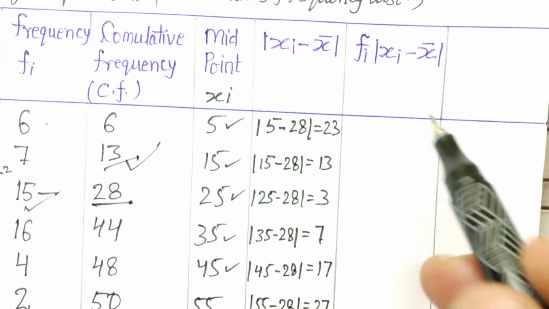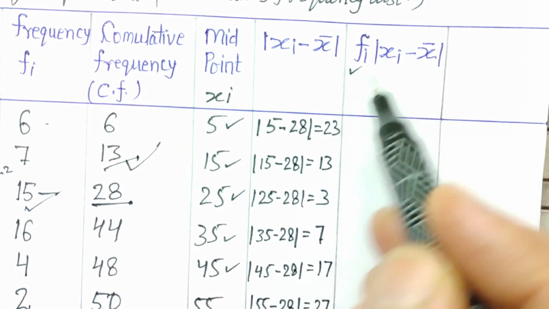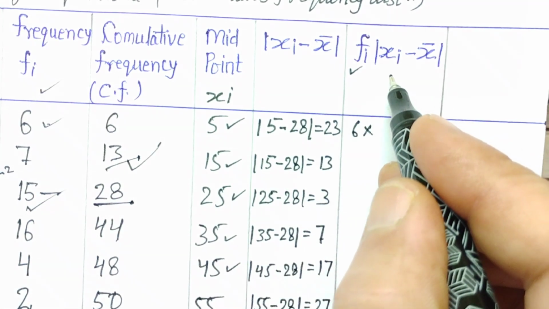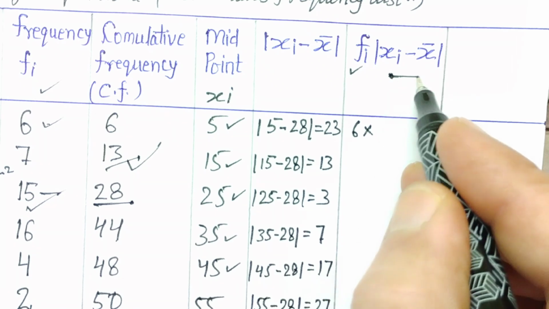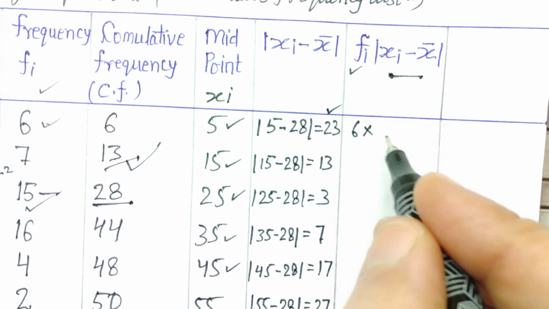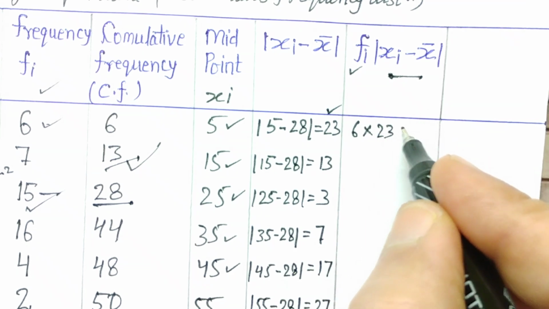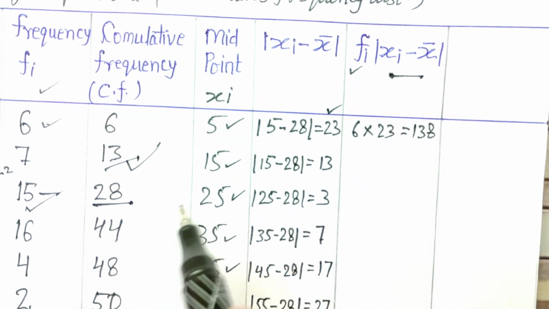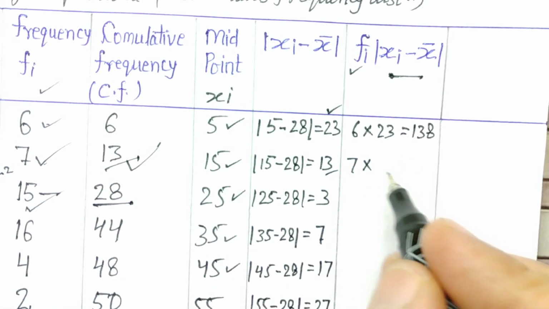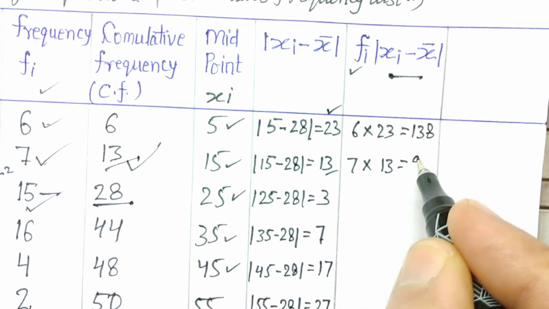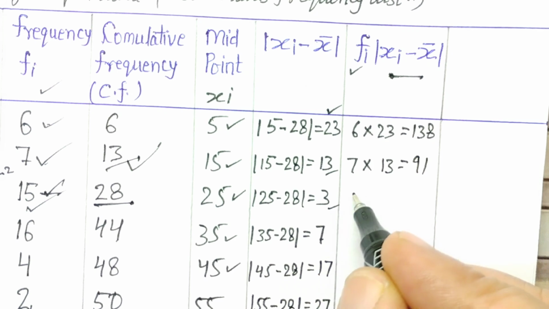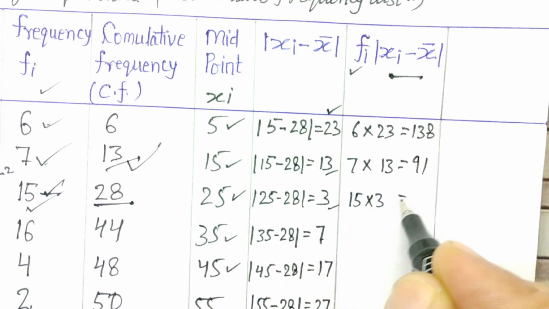Now we will go to this. Fi is this 6 into mod of xi minus x bar, this is here 23, is equal to 138. Then 7 into 13 is equal to 91. Then 15 into 3 is 45.